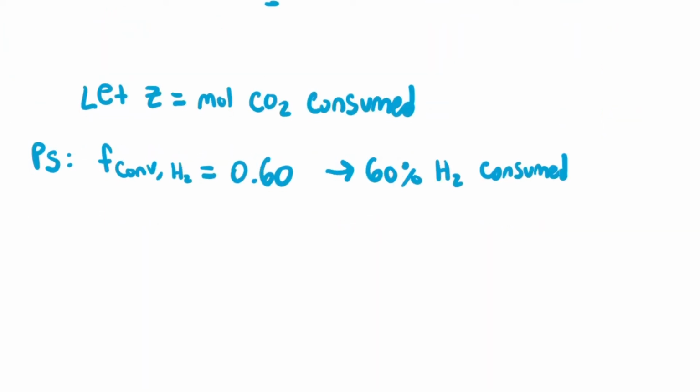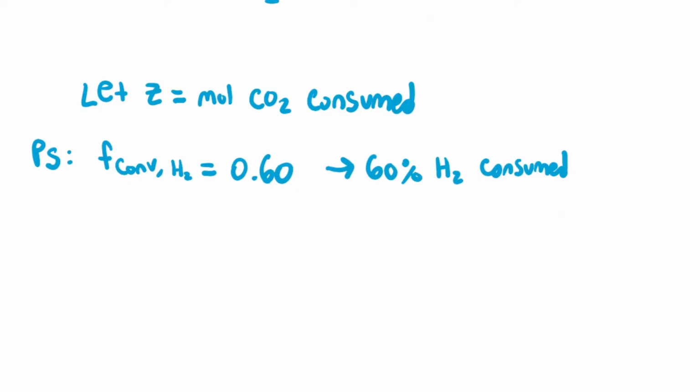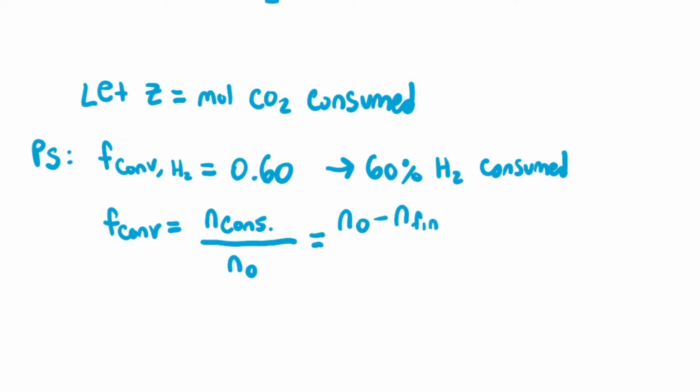If we're rewriting this, we can say that fractional conversion is equal to N consumed over N naught. There are two ways of going about it. You can say it's N naught minus N final over N naught, or you can recognize with your extent of reaction what N consumed is going to be.